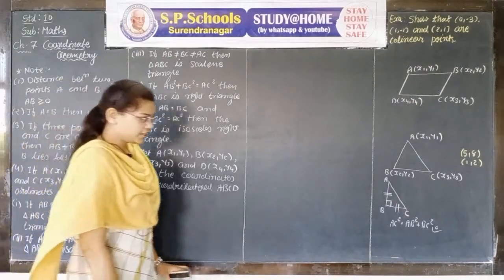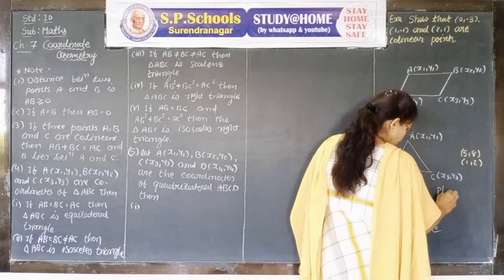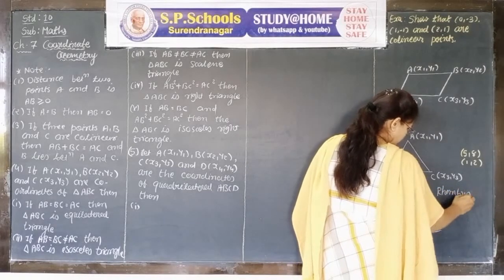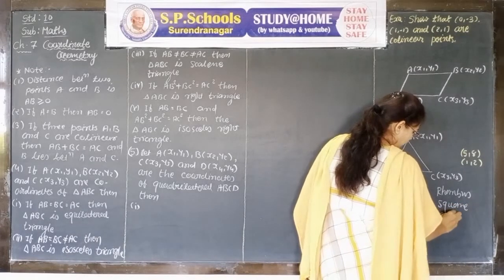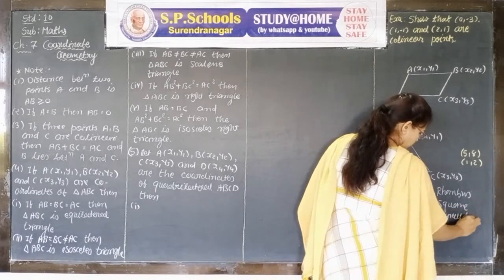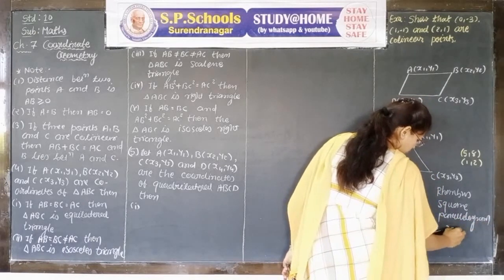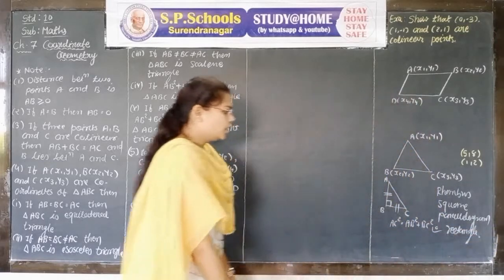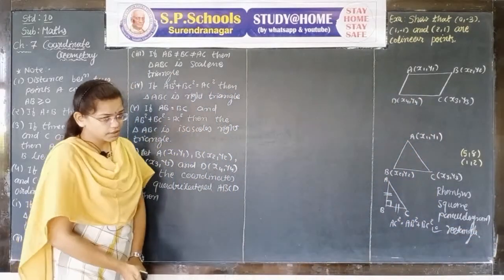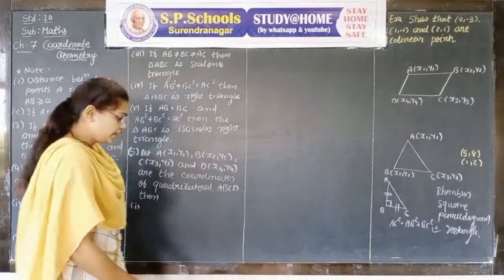Then we discuss here 4 types of quadrilateral, in which first is rhombus, then square, then parallelogram, and a rectangle. Rhombus: the 4 sides are equal, the 2 diagonals are not equal.